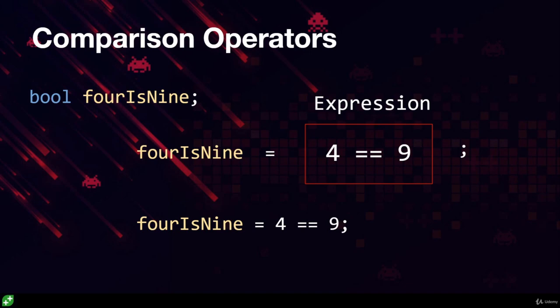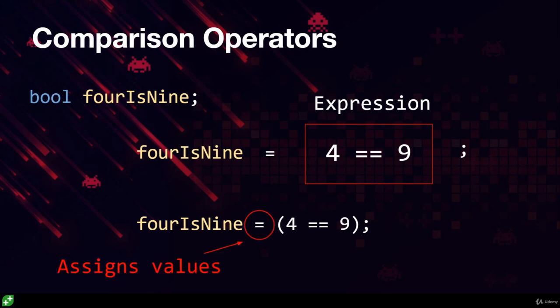For this reason, programmers often wrap the expression in parentheses to make it clear which values the equal to operator is acting on. So it's very important not to confuse the assignment operator with the equal to operator. The assignment operator assigns values, whereas the equal to operator compares two values and returns a Boolean.